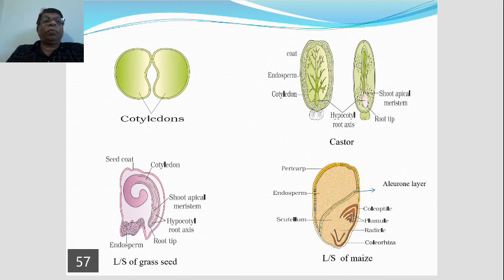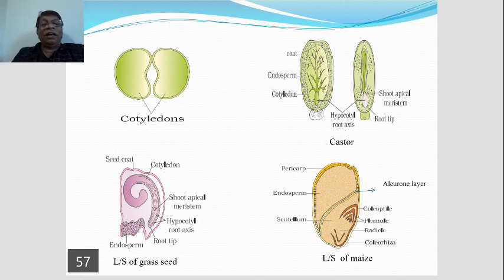Identify this endosperm in this seed. Okay, and in castor seed a cap-like structure you find. See, it is nothing but caruncle.